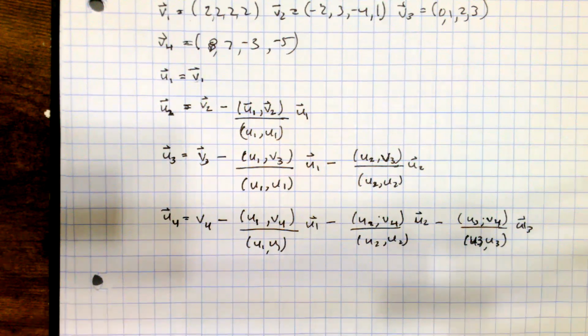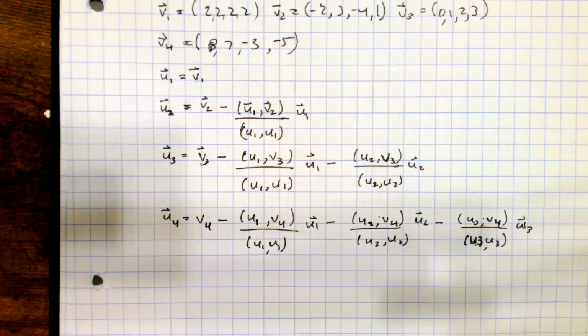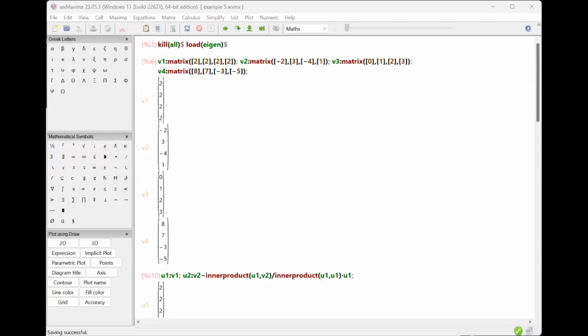So we're going to switch over to technology to finalize the calculations and arrive at our desired orthogonal basis. We're using different software because GeoGebra does not handle four-dimensional vectors. So we're going to use Maxima, which is a free computer algebra system that you can download from the internet.